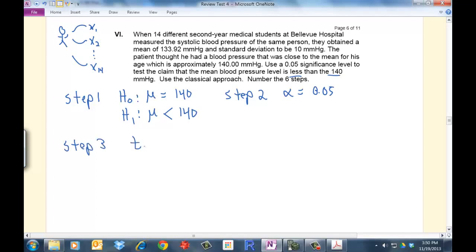Step 3, the test statistic. So X bar is 133.92. The standard for his age is 140. Standard deviation is 10 divided by the square root of the sample size, which is the 14 different second-year medical students at Bellevue Hospital.